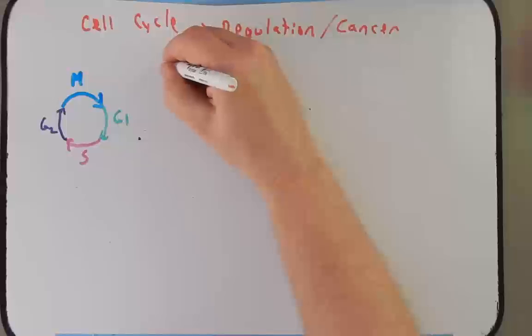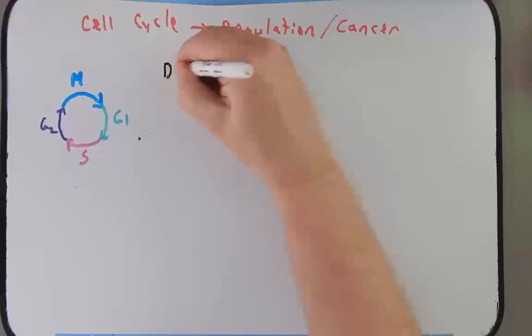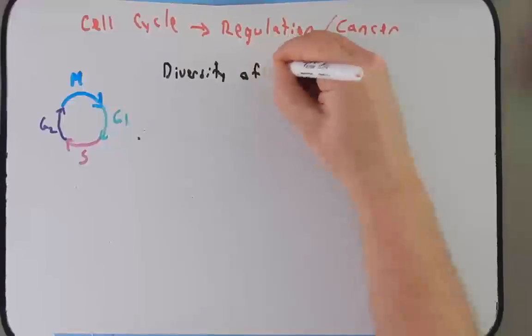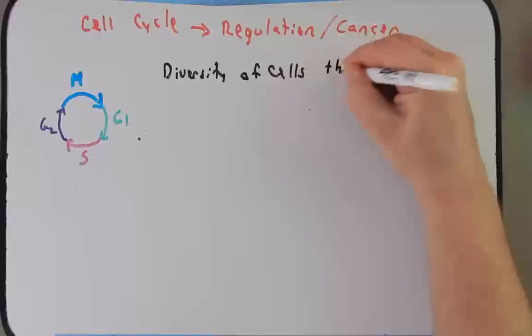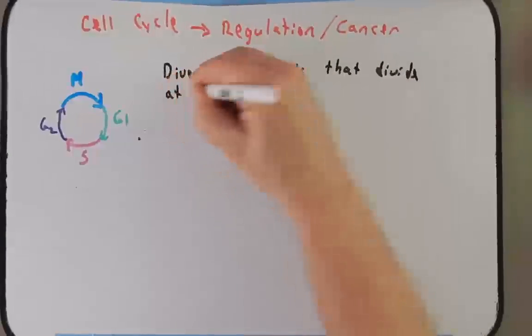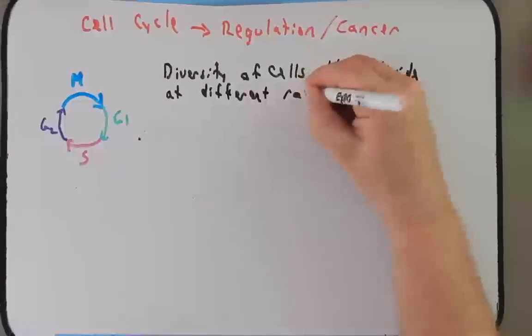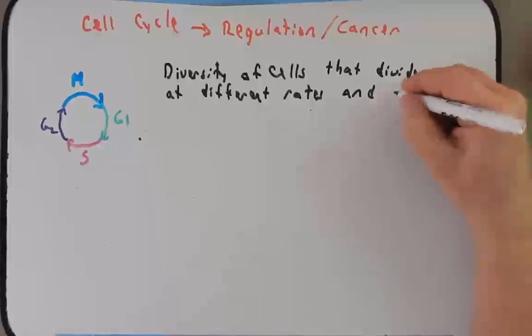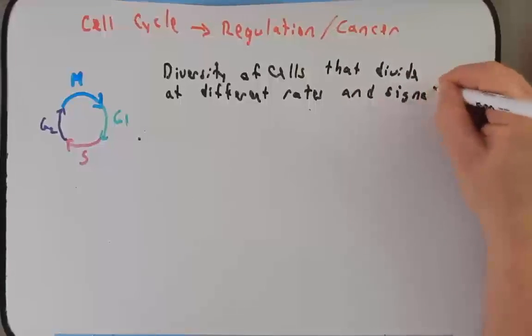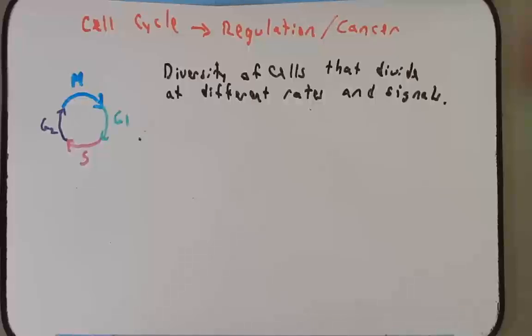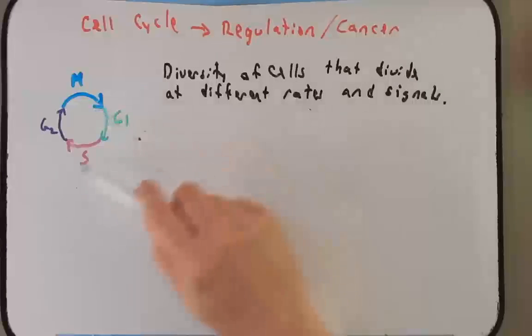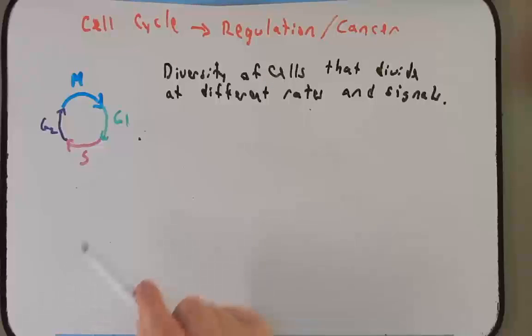Within an organism, we have a wide diversity of cells that divide at different rates and signals. Some signals may cause some cells to divide, but not others. Because remember, we wouldn't want this cell cycle to be on all the time, and we don't want it to be off all the time in all cells.